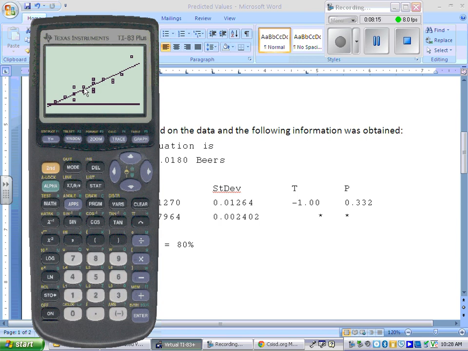A better guess would be some sort of interval around that. So I don't necessarily know that he's going to get 0.077, but I think it'll be 0.077 plus or minus a little bit. That's the idea of an interval. I'm pretty sure it'll be within some interval that's centered around 0.077.